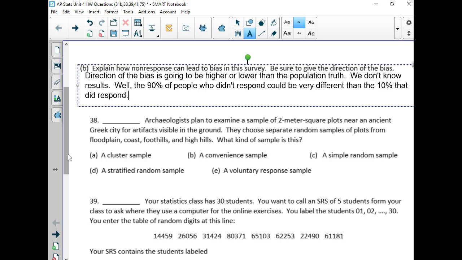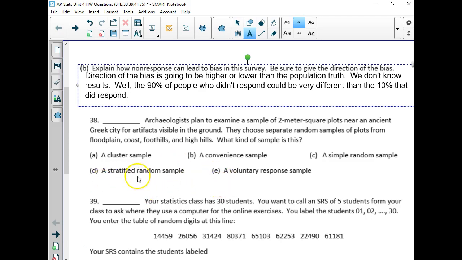Everyone gets sampled. A convenient sample is where I stand at the front at a basketball game and ask everyone their questions. A simple random sample is where I have 1 hat and I pull out 100 people. A voluntary response sample is where I post something on the internet and people choose to vote. A stratified random sample is what this is. There is more than 2 hats here.